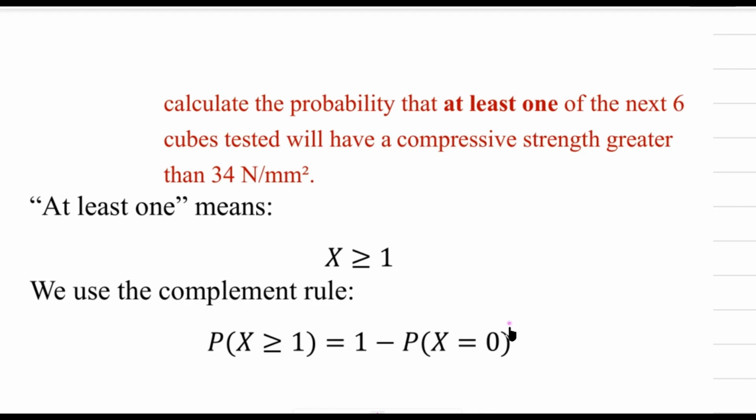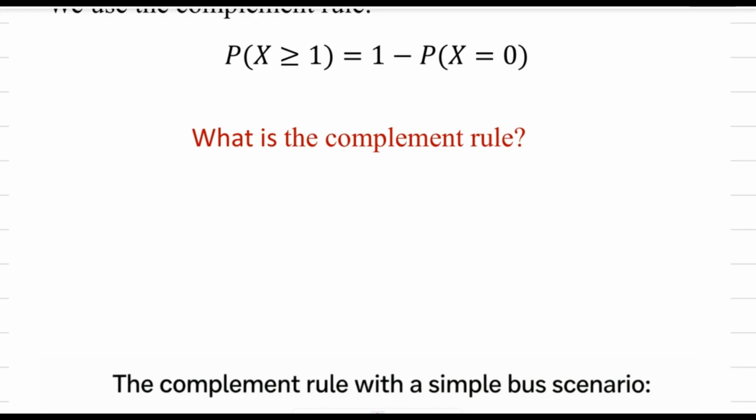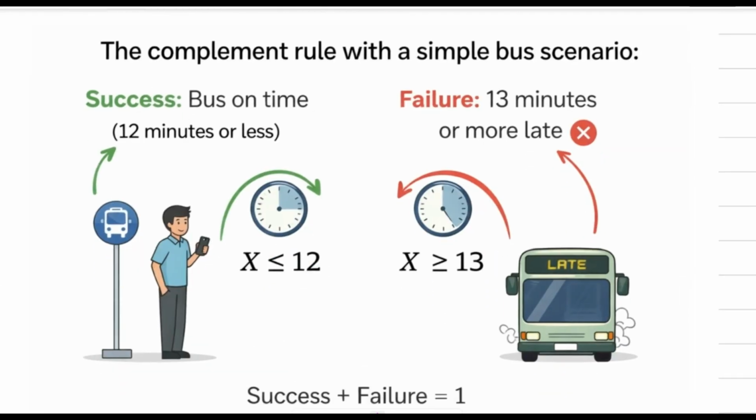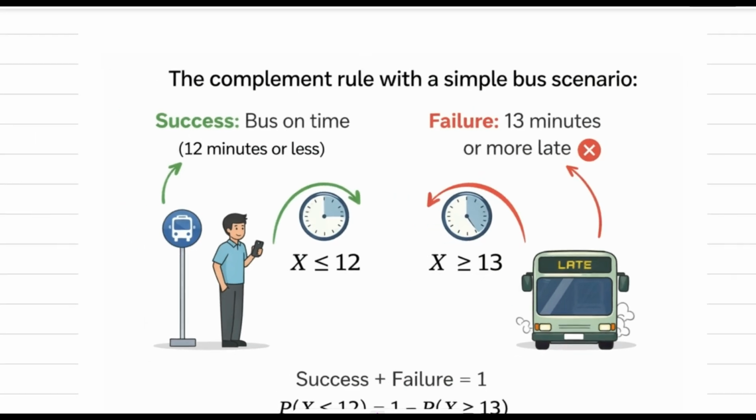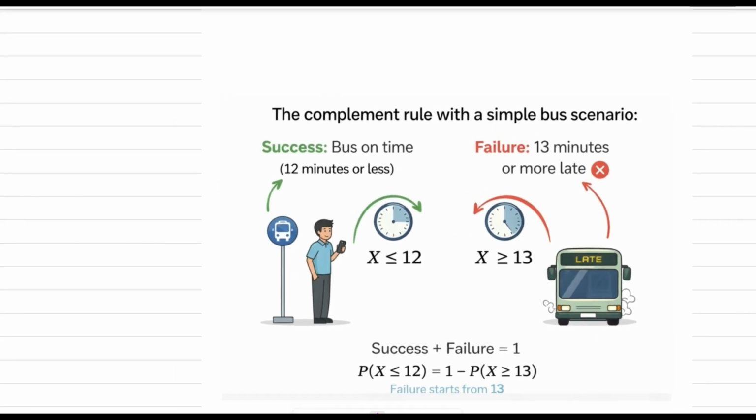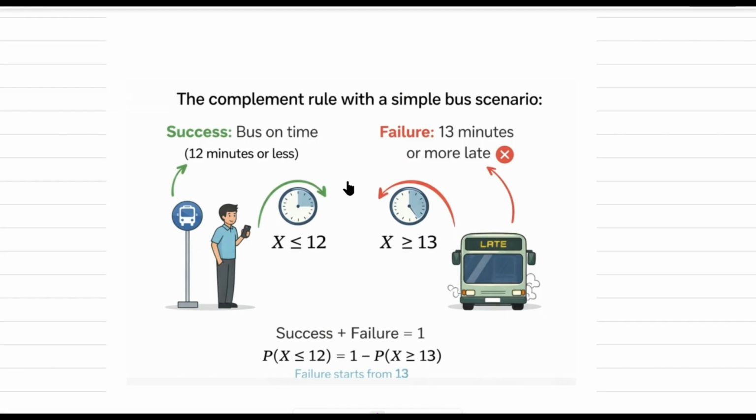So in order to explain this more carefully, the complement rule, this is a nice figure to explain it. If you would like to go to the bus station or the bus company, say our buses always will come on time.